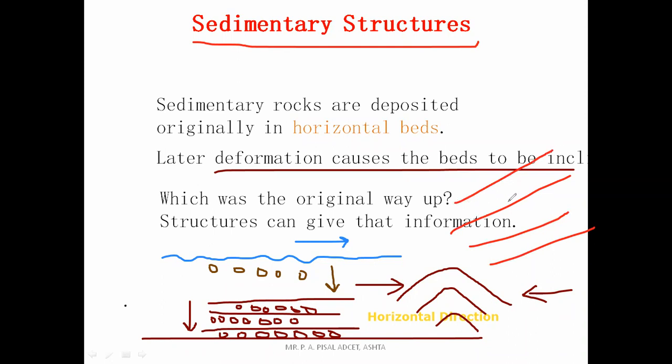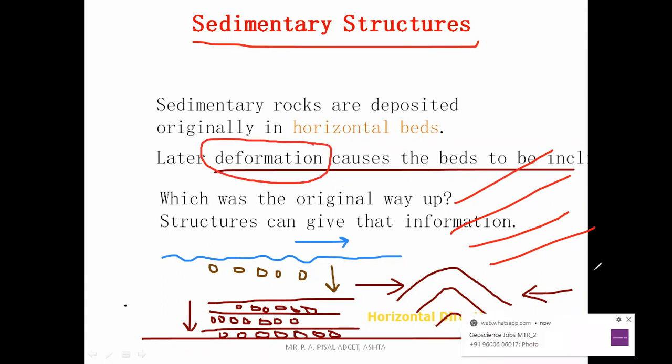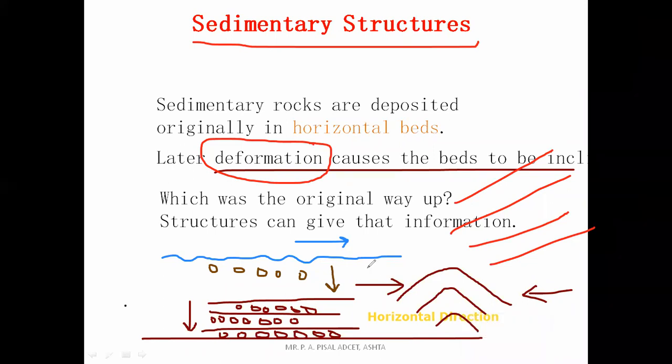This type of disturbance is considered deformation in the sedimentary rock. What is the meaning of deformation? It means horizontal layers get converted into inclined, folded, or faulted structures. Structures can give information about which was the original way up.